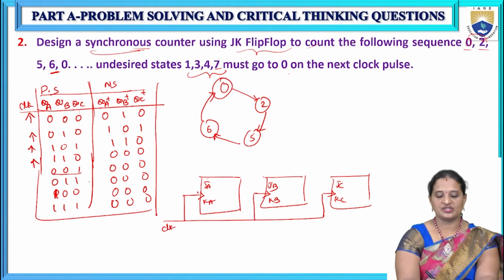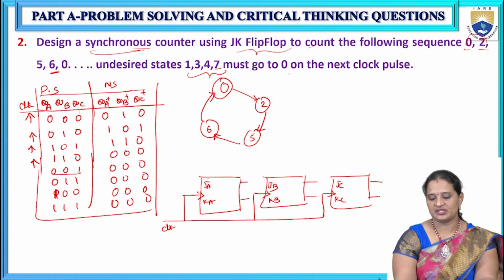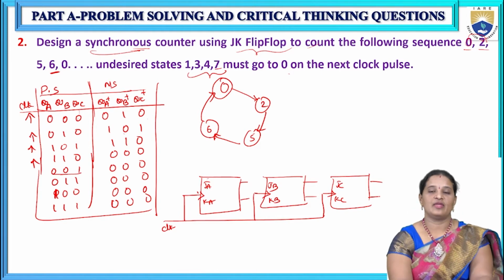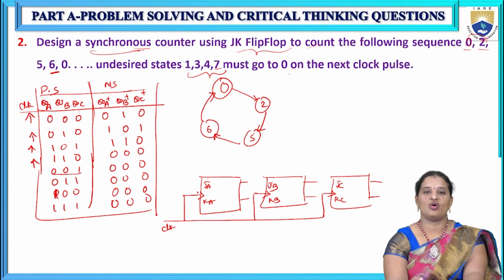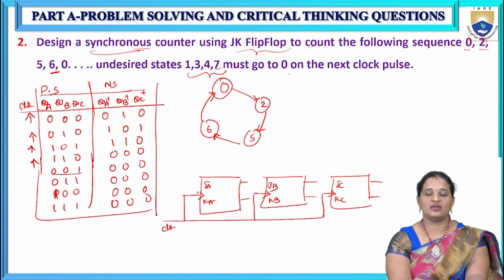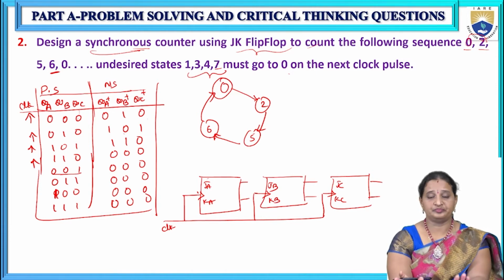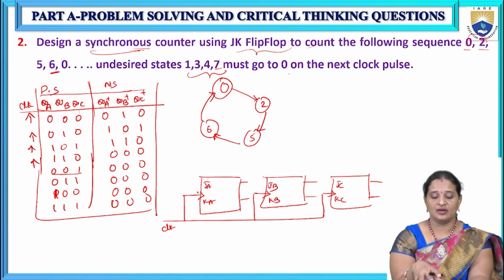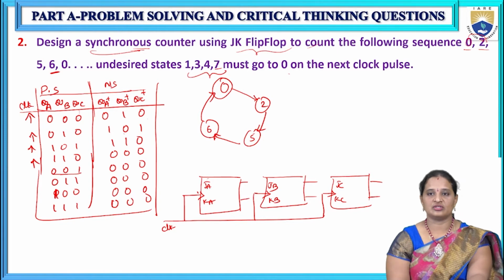Based on the equations we are getting here, I have to derive the input equations. That means we need to draw the conversion table, and then implement the Boolean functions for QA plus, QB plus, QC plus in terms of the present state as well as the inputs JA, KA, JB, KB, that is the inputs of the flip-flops, and then draw the logic circuit.